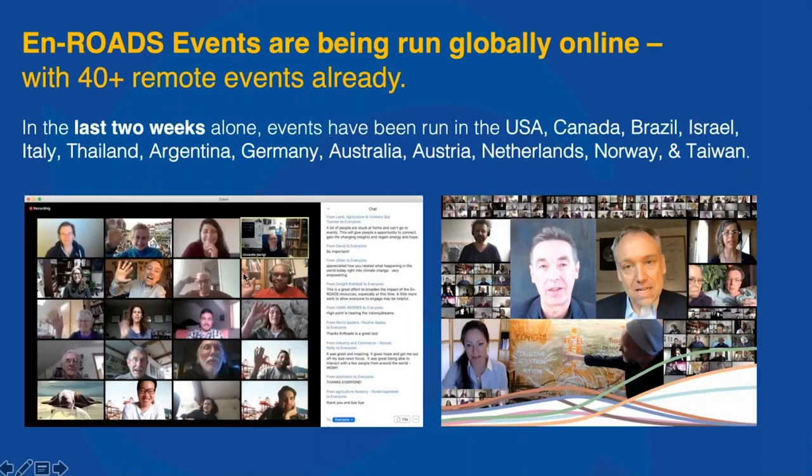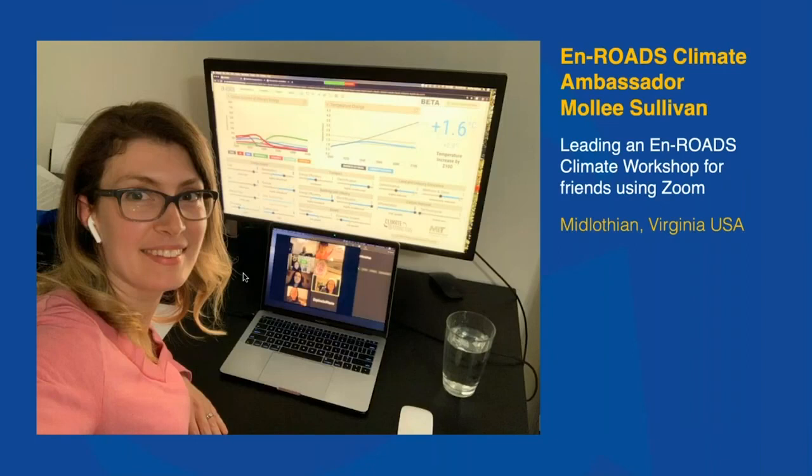Here you can see us running it on Zoom, interactively engaging people as I am with you, but what we're inviting you to do is be the person using some of these online platforms to engage other people to think about climate strategy. Here's one example of Molly Sullivan, a colleague of ours from Virginia here in the US, and she is what we call an En-ROADS Climate Ambassador.